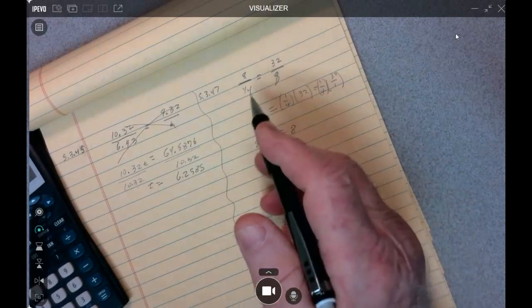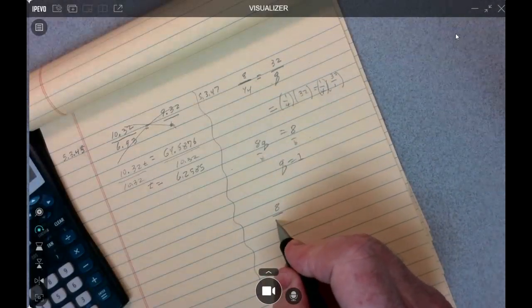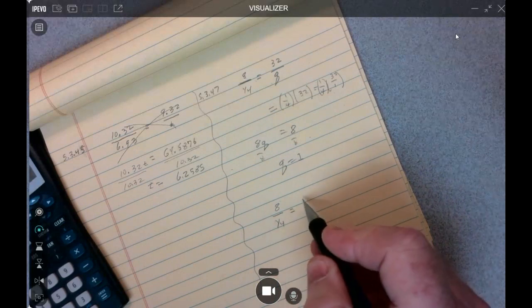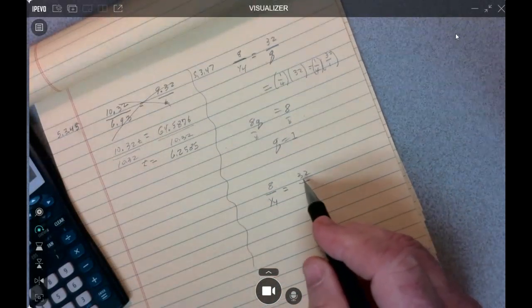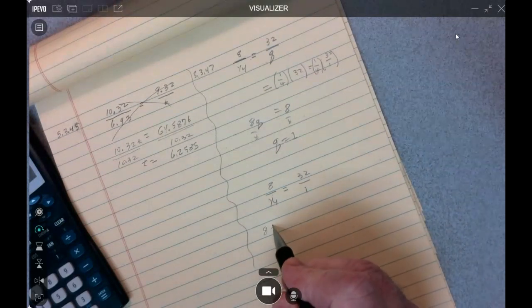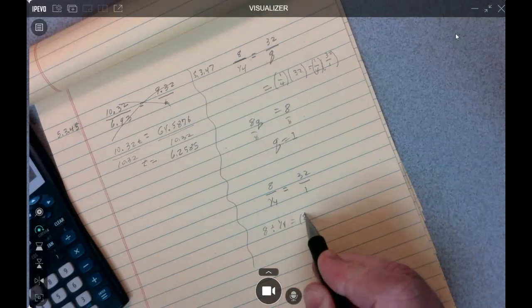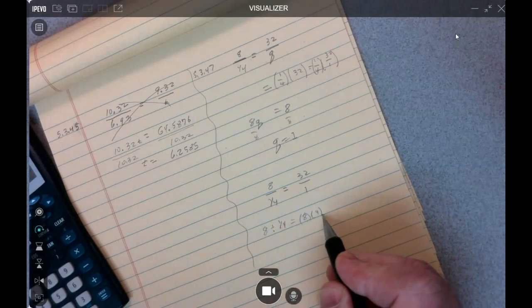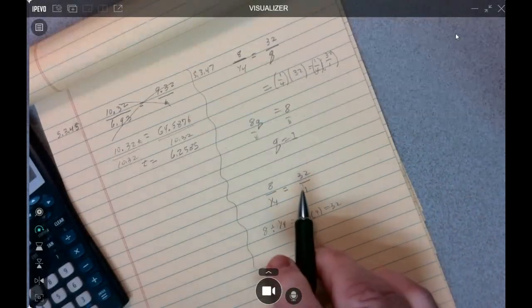You would have simply said, okay, let's check and see if that works. 8 divided by 1/4, does that equal 32 divided by 1? This side's 32, right? So this side becomes 8 divided by 1/4, which is keep, change, flip, and you get 32. So 32 equals 32, so this one checked out.